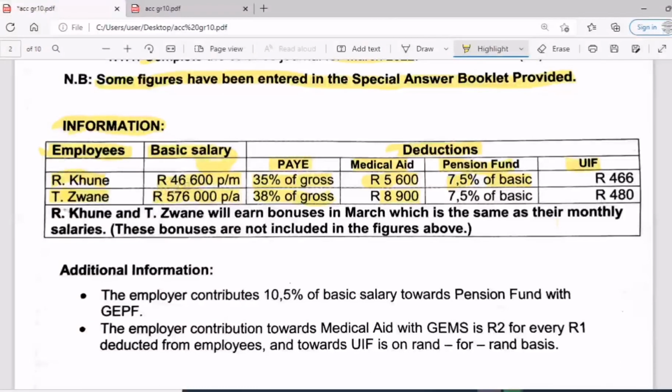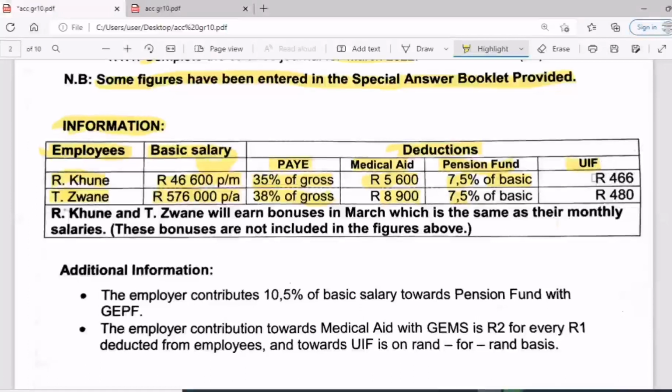So you're going to take that basic salary and multiply by the rate for pension fund, which is 7.5. The same thing applies to Zwane. You're going to calculate 7.5 of his monthly basic, not the annual. So we use the monthly basic salary.